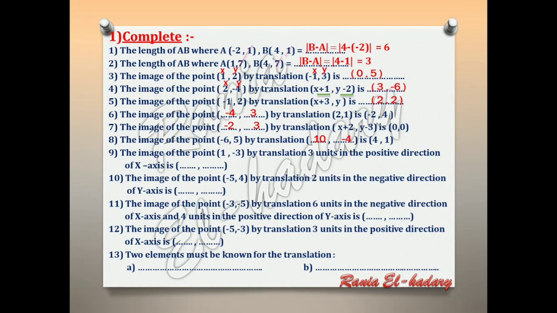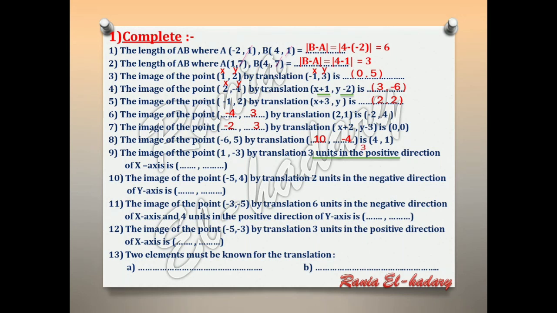Number 9: the image of the point (1, -3) by translation 3 units in the positive direction of the x-axis. Read again. We have the point (1, -3). So what is the translation? 3 in any direction, x or y? Positive or negative? We have 3 units in positive, so we have 3.